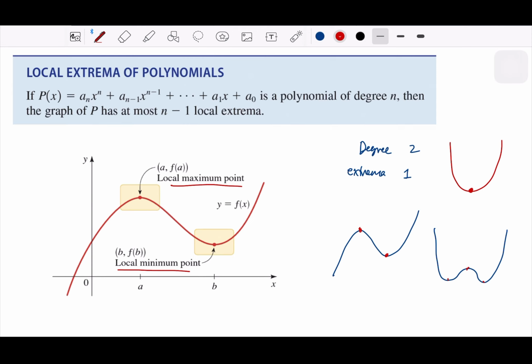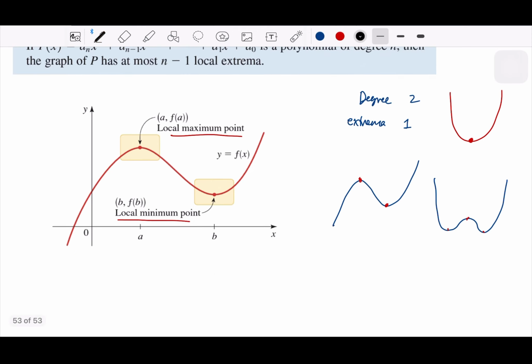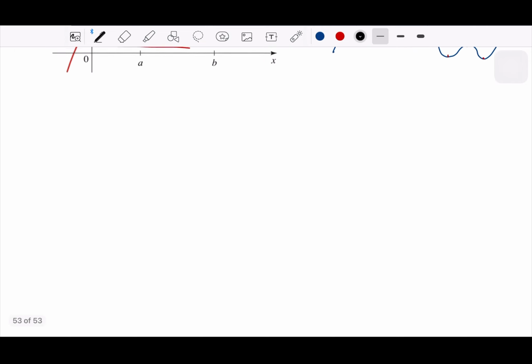Now that's the local maxima and minima of polynomials. So yeah, I think we could go through.